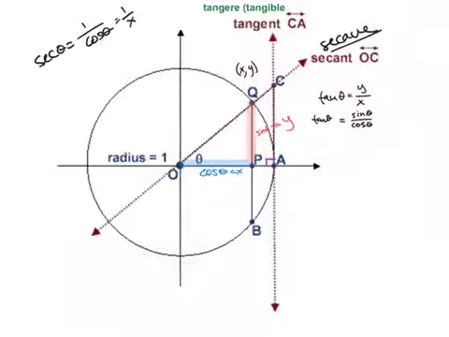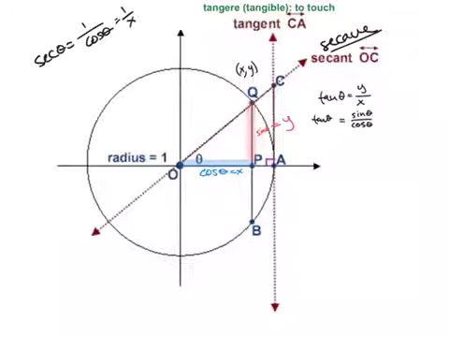So the tangent line is the line that touches the circle in exactly one place, and it meets the circle in such a way that it forms a right angle with the radius that has the same point on it as the point of tangency. And the name for the tangent ratio comes from this tangent line CA.